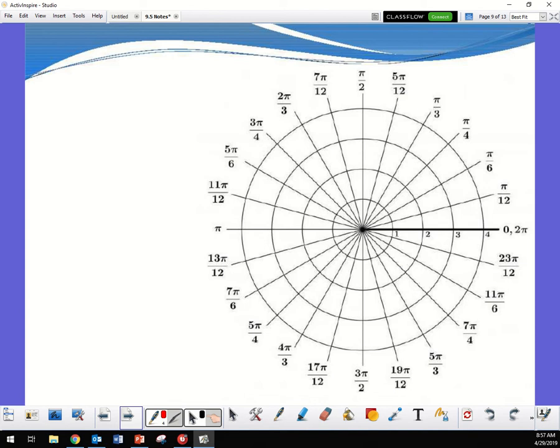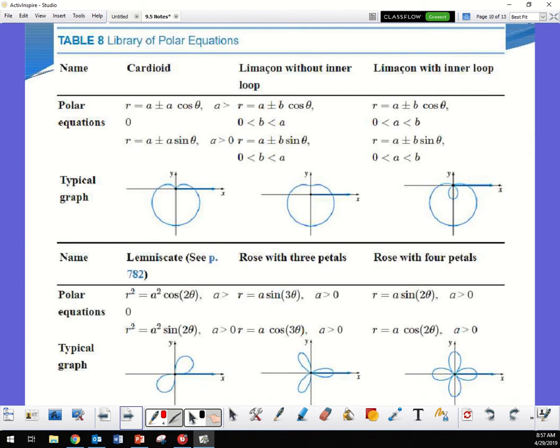Okay, so in your notes, I've actually added this also, so you can go through and graph some of these. When we get certain values, like this one right here with the inner loop, the inner loop is when my A is less than B. That's important.